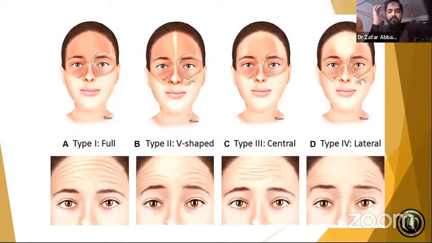So you have to check first which kind of patient you have in your OPD. You won't inject over here if there is no frontalis muscle. Okay, you have to be careful about that. Even in a patient with type 4, you have to be very careful, because if you inject over here and there is no frontalis muscle, the eyebrow will drop like this. Okay.